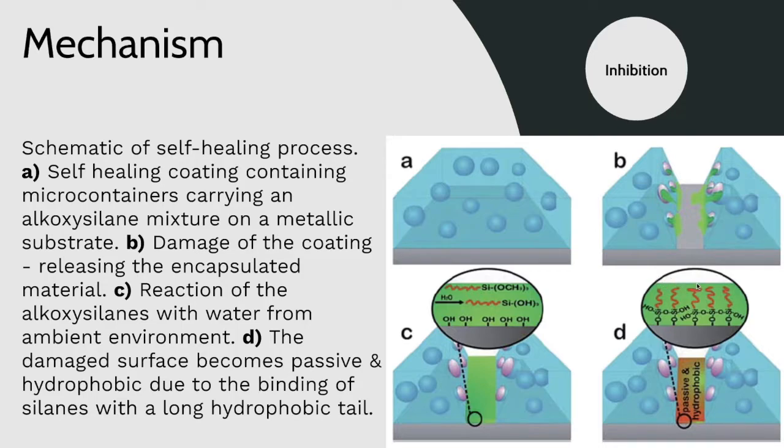The circular blue is the hydrophilic. Remember the phospholipid that was shown before? It has the circular head and the tail, right? The head and the tail, that's the hydrophilic and then hydrophobic. And then it reacts, and then it becomes the passive hydrophobic layer.